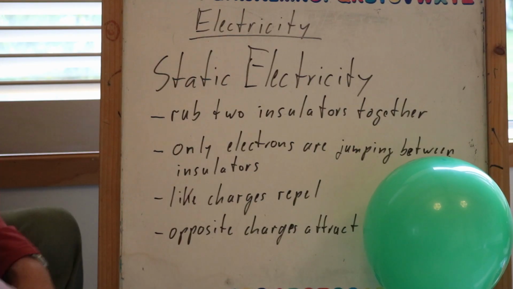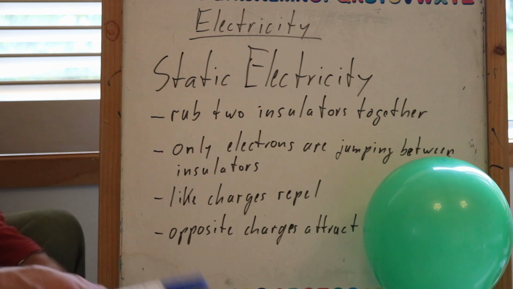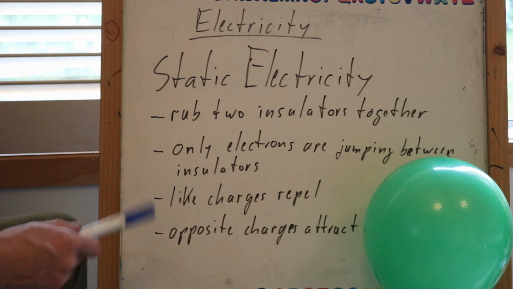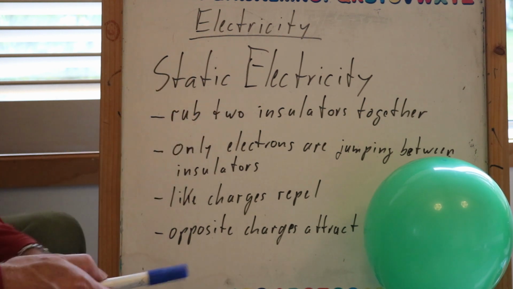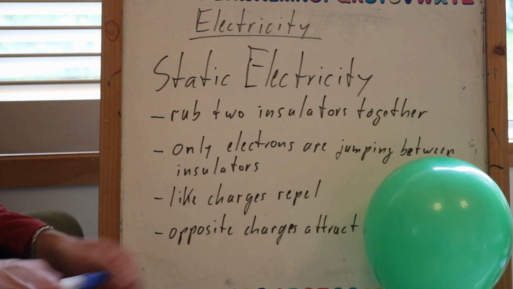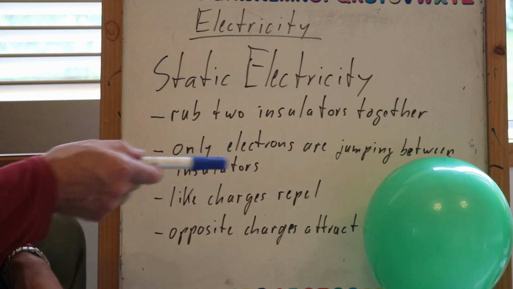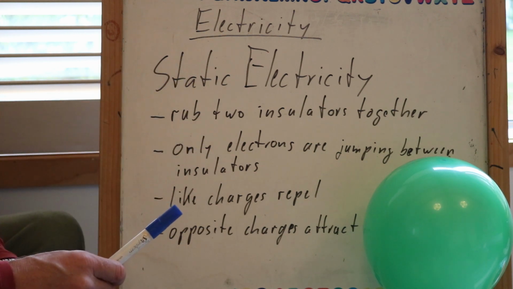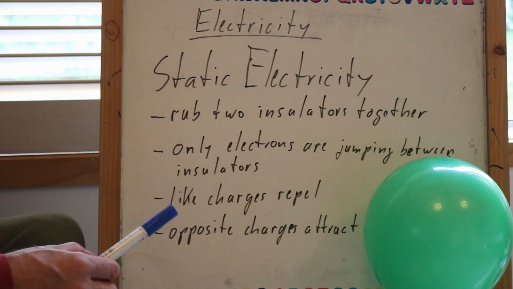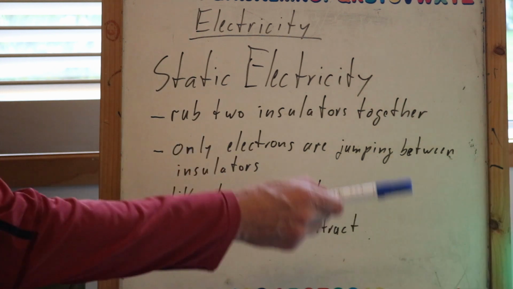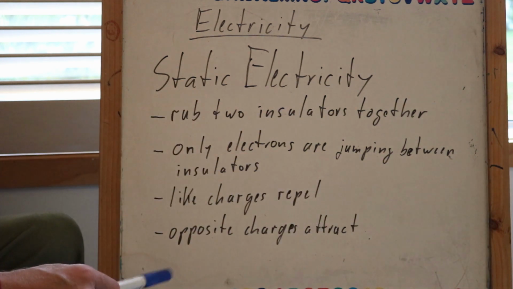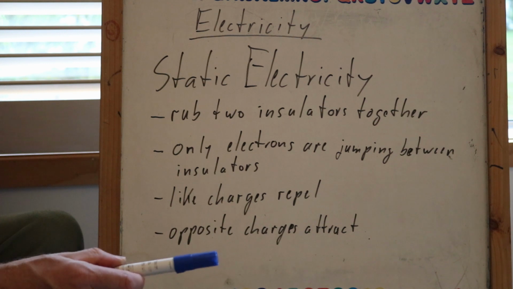Alright guys, so let's sum up some key points about static electricity. If you want to generate static electricity, you need to rub two insulators against each other. The friction generates static electricity, and it'll always just be the electrons that are jumping between the insulators.